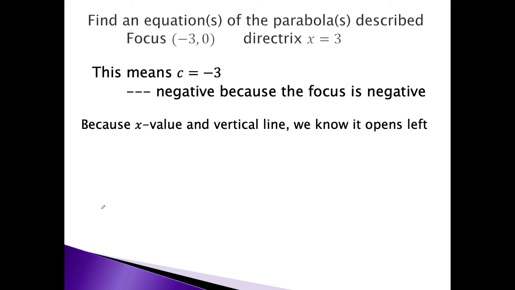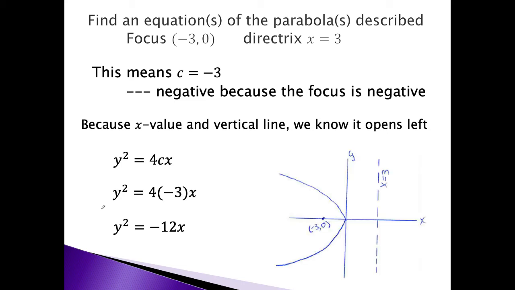Because the directrix is a vertical line, we know it opens left. We have y squared. The formula is y squared equals 4cx. So y squared equals 4 times negative 3x. Y squared equals negative 12x. So we have the graph.